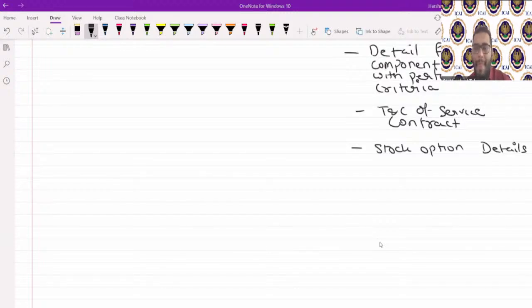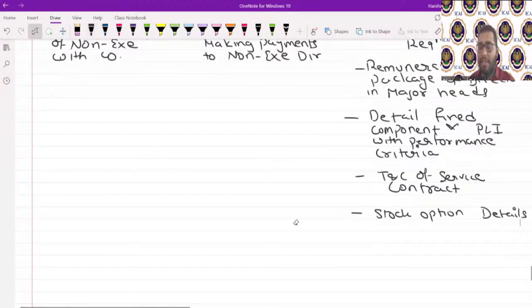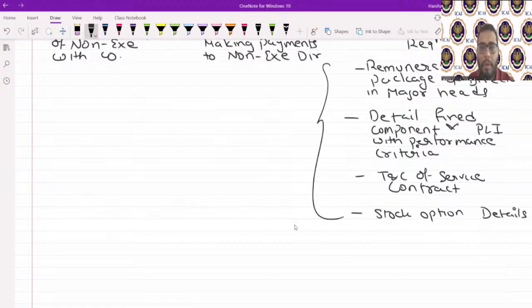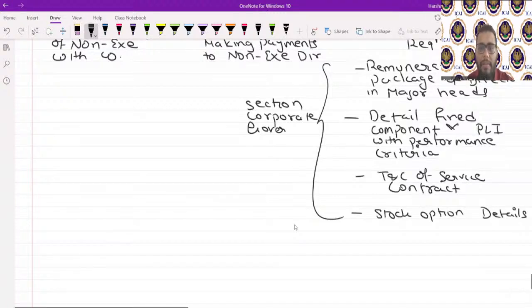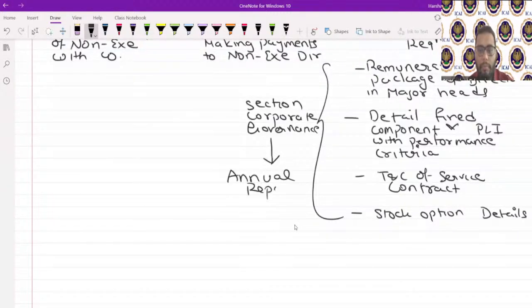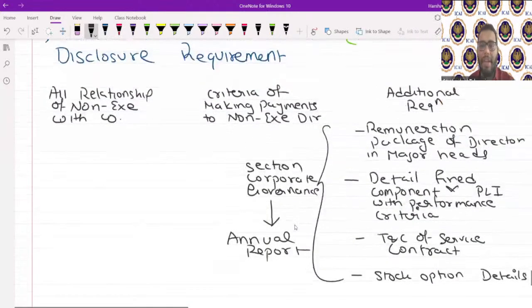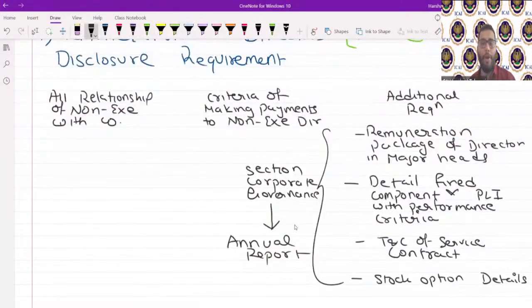Now, these are required to be reported under which head or where. These are required to be reported under the section of corporate governance in annual report. Okay, these additional requirements are required to be reported under the head of corporate governance in annual report. This is also required to be disclosed in annual report.